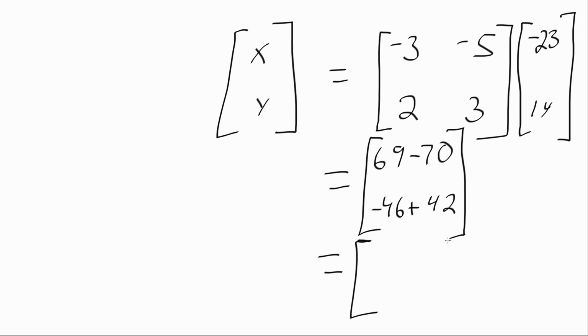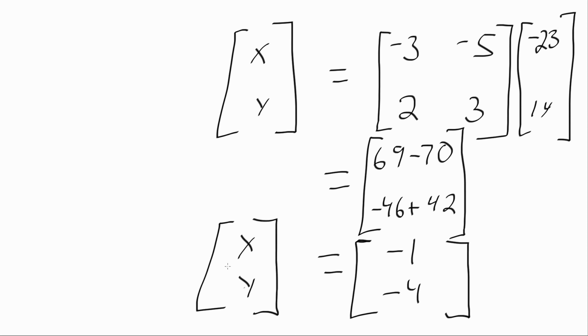So that'll be negative 1, negative 4 equals x, y. So we can say that our xy equals negative 1, negative 4 is our solution to our system of simultaneous equations.